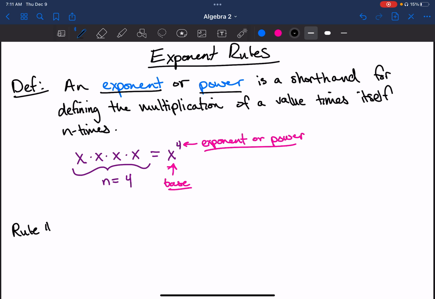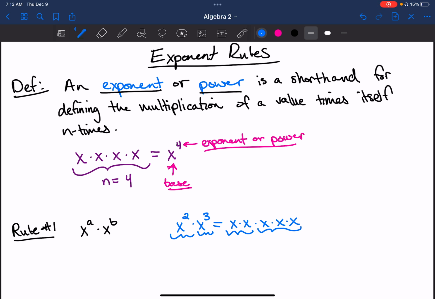So rule number 1 is, what if we have x to the a times x to the b? I'm going to work through this slowly at first, and then we'll work into doing this a little quicker. So let's think about an example. If I have x squared times x cubed, well, what I really have, going back to this style, is x times x squared times x times x times x, my x cubed.